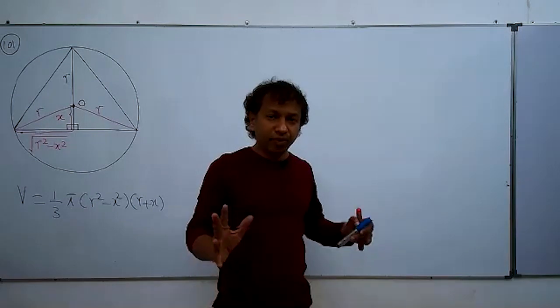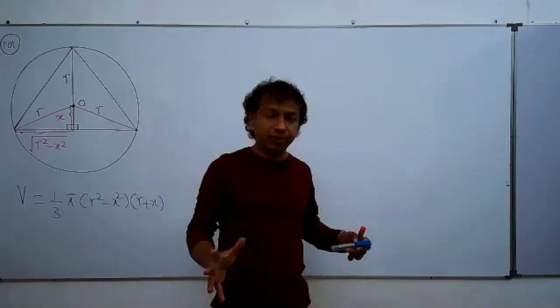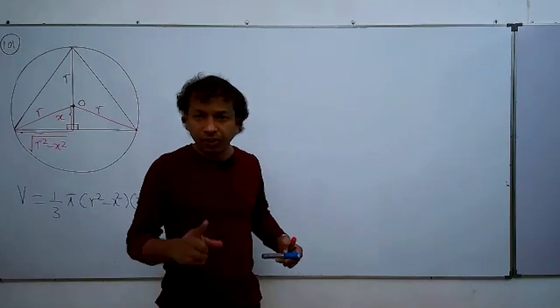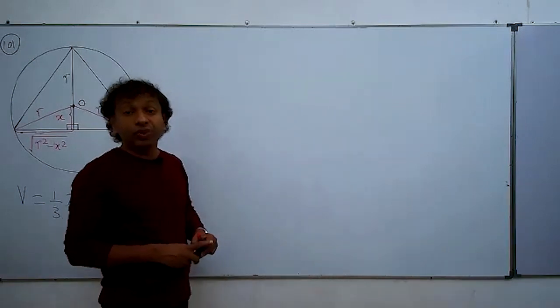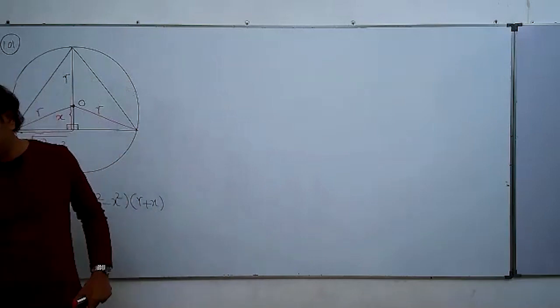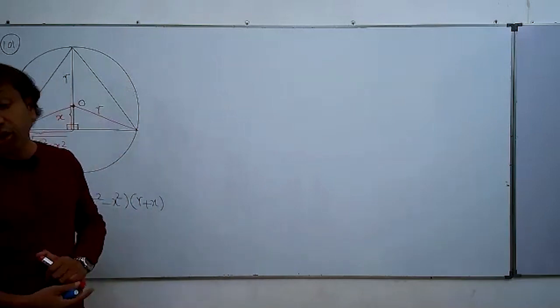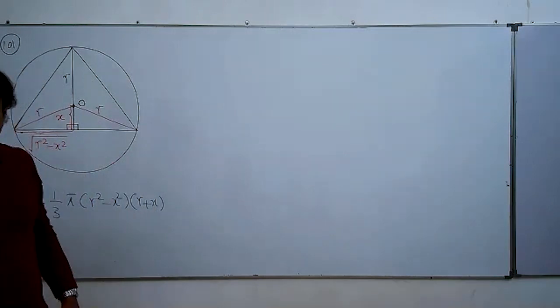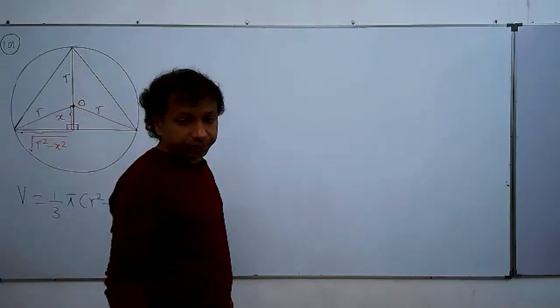Thereafter, find the maximum V. When you find that maximum volume V of the cone, people, you will see that volume is 8/27 of the volume of the sphere. Right. I'll give 5 minutes, people.